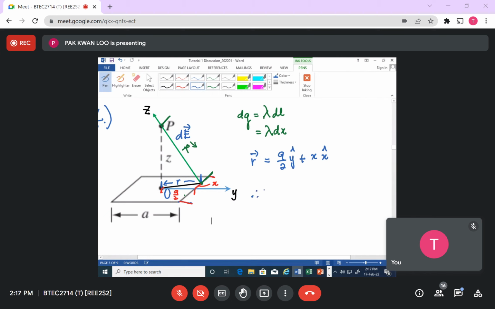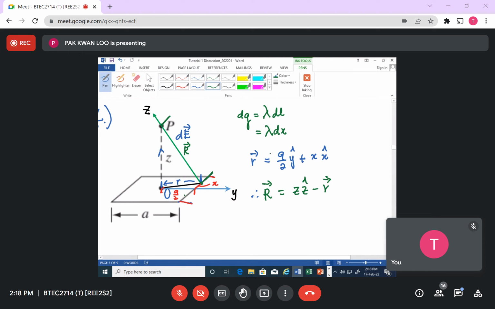And therefore, capital R, the vector represented by the green line, it is therefore z cap minus vector r.